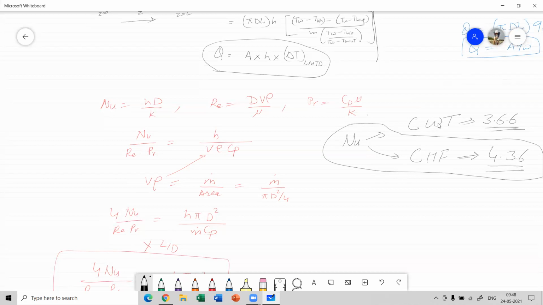What is the minimum value of the Nusselt number of a fluid flowing in a pipe under laminar forced convection if the wall is maintained under constant heat flux condition or under constant wall temperature conditions? So what are these values? You should be familiar with these numbers. So let's determine them.